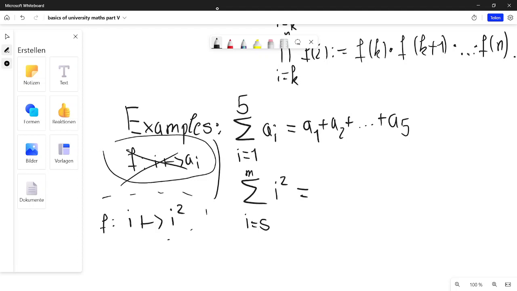But as I said, we just write it down and we know what is meant. It means s squared plus (s+1) squared plus ... plus m squared. So we go through all of it and we start by s, and this is the rule of what we do with the object to get the proper sum term.